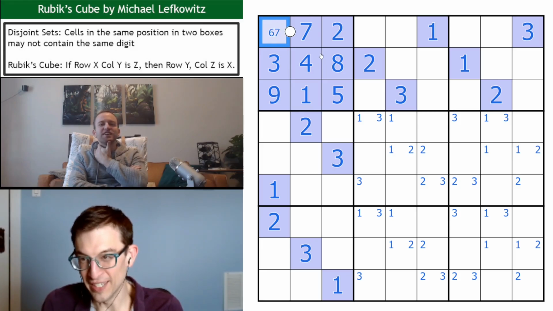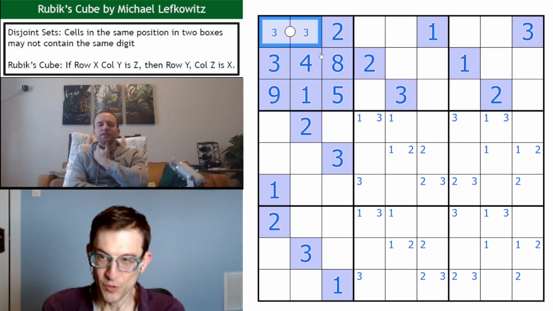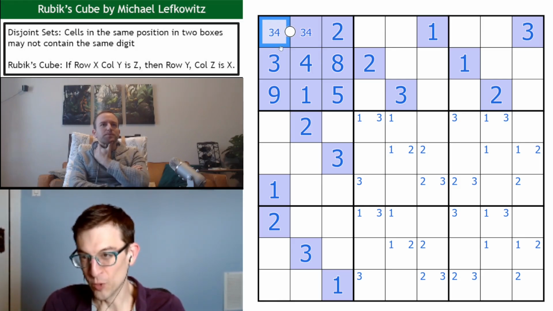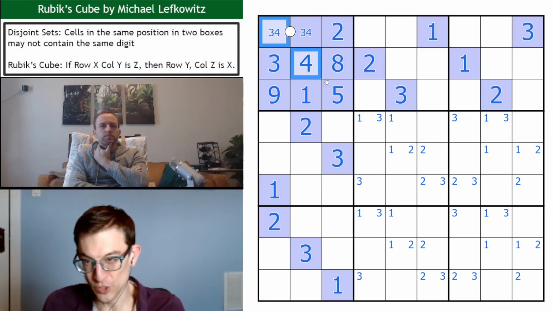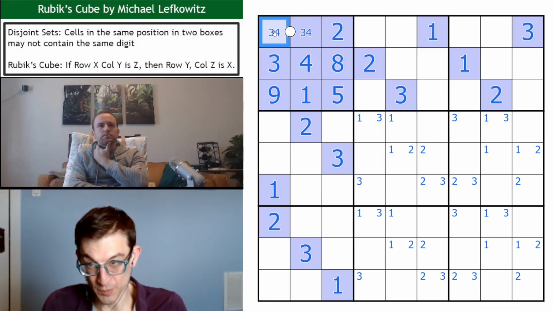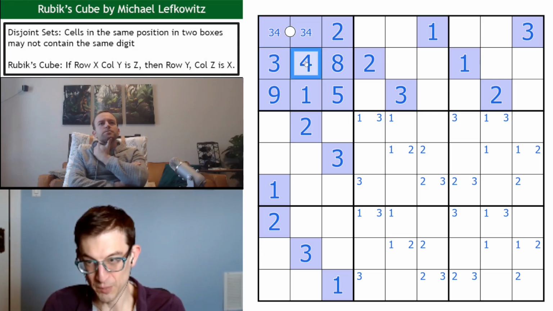Like in the very beginning, when we were thinking about this, I was thinking, could this be 3 or 4, right? Well, this can't be 4, so why can't this be 4? Because this position, and that's going to be true of everyone on the diagonal, is going to place two ones. This position is going to place two twos. This position is going to place two threes.